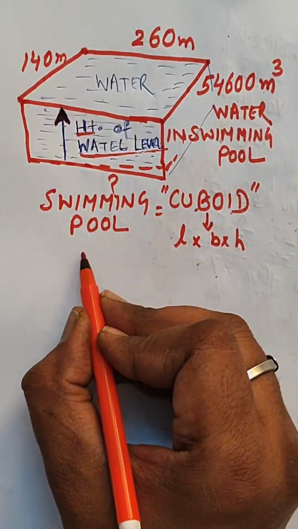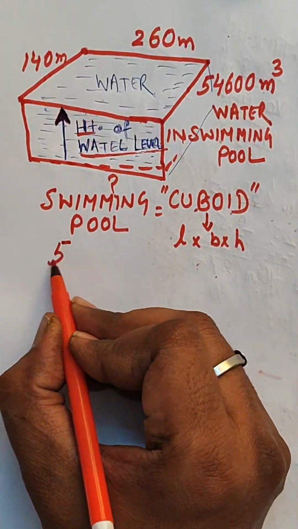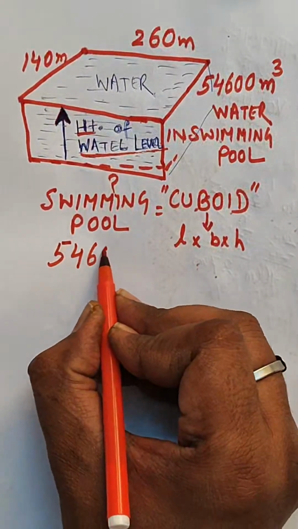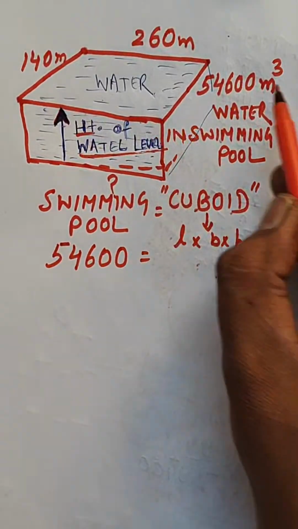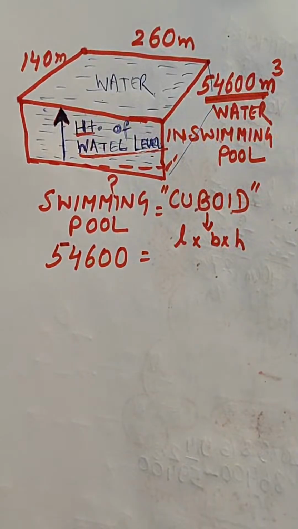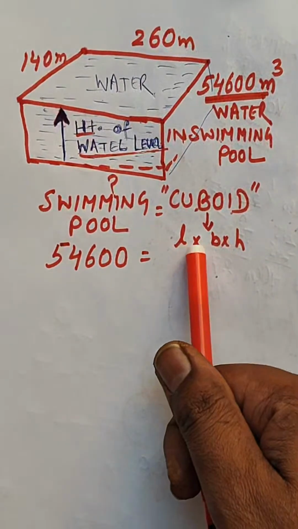So the swimming pool volume, the water contained inside it, is 54,600 meter cube. That is equal to L into B into H.